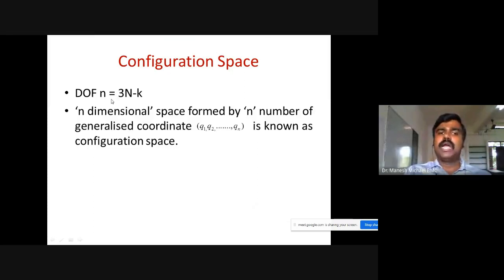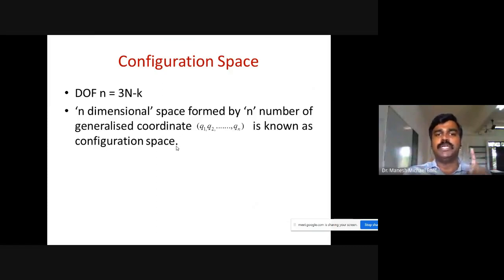So you can assume a space with a dimension of small n. This n-dimensional space, formed using the generalized coordinates q1, q2, etc., to qn, is known as configuration space. So the configuration space is an n-dimensional space formed using generalized coordinates.